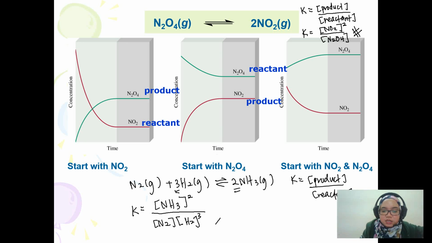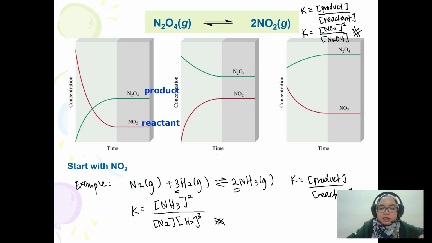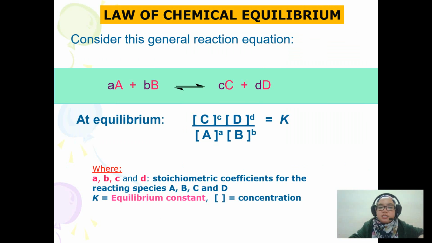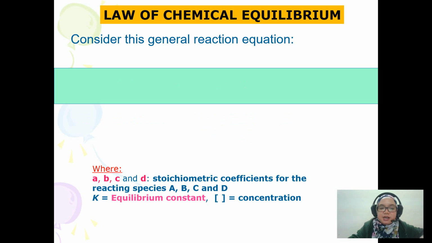So, this is how you do the equilibrium constant K punya expression for this chemical equation. Okay, so this is the example lah. Extra example for you to understand about yang tadi ni. Macam mana nak buat equilibrium constant punya expression ni. Okay, alright.